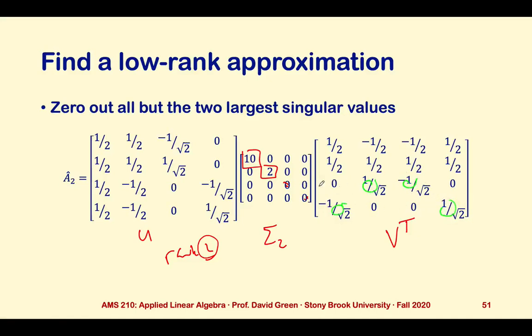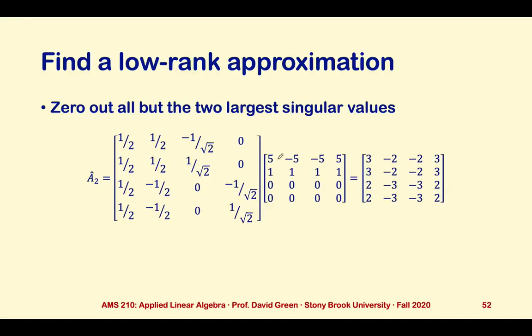It's essentially going to eliminate these 2 rows. What we're going to be left with is a row with 10 times these half, negative half, negative half, half, half, and a row of 2 times half, half, half, half. This, of course, is going to give us a matrix 5, negative 5, negative 5, 5, and 1, 1, 1, 1, with zeros and zeros.